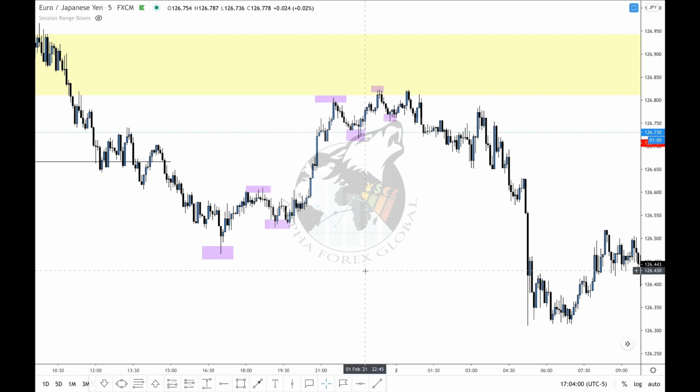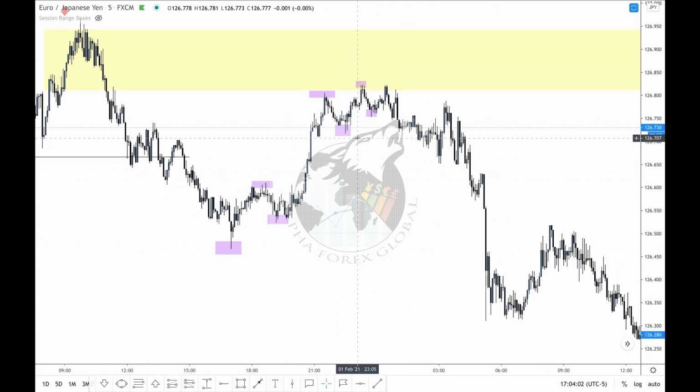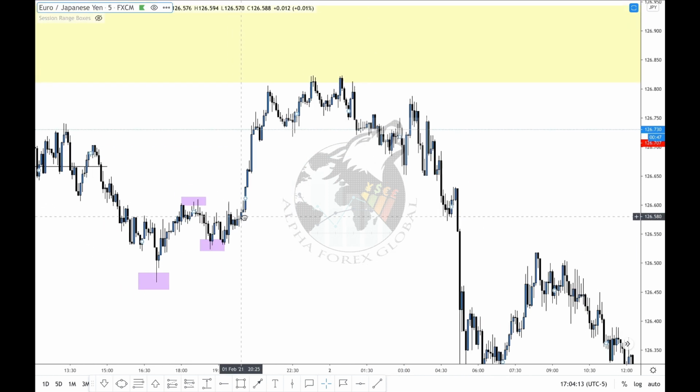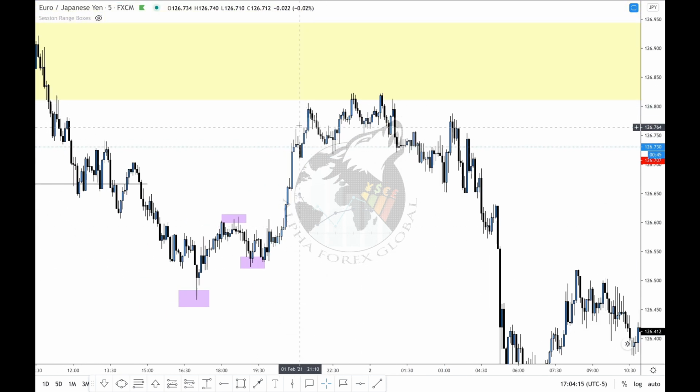right? What do we see on the 5-minute time frame? Let's remove these. What do we see on the 5-minute time frame, right? This is obvious. So right here we basically see a curve.